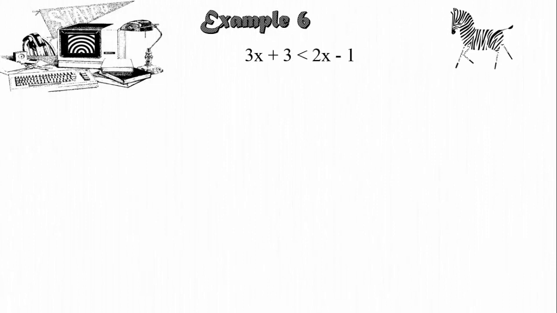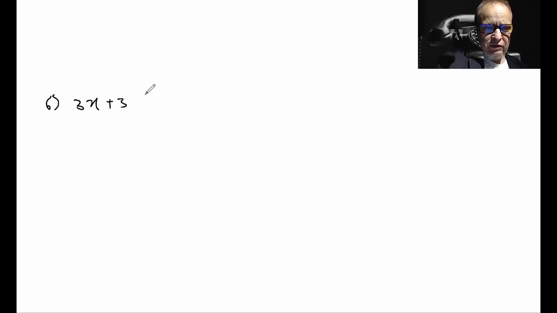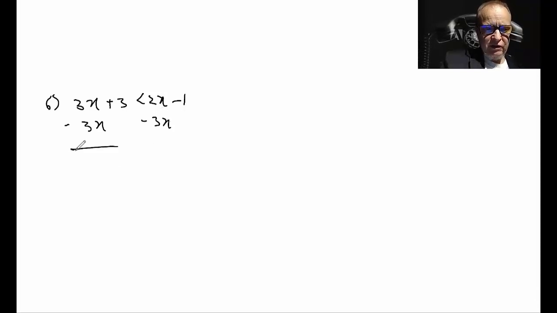In example number 6, we have 3x plus 3 is less than 2x minus 1. So let us go over to the whiteboard and work this one out. So I'm going to bring the 3x here, minus 3x.